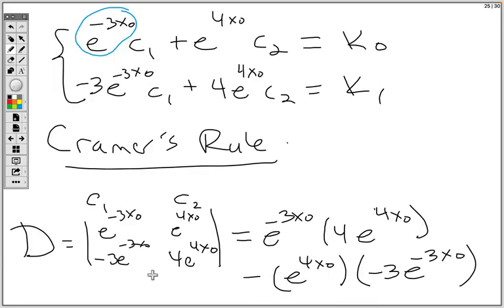Now, if you look back at this determinant, if you just go in there and erase that x0 there, then you see we've got y1 and then y1's derivative, right? And then y2 and y2's derivative.